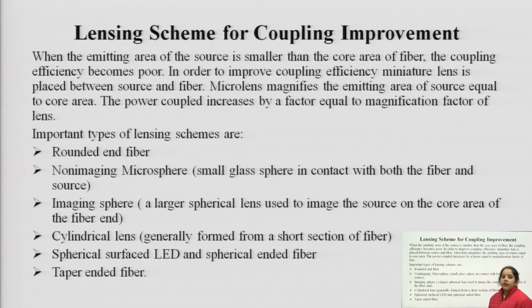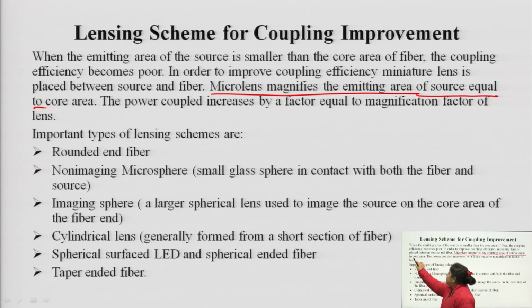Now, as we know, the lensing scheme has to be applied for better coupling improvement, since the emitting area of the source is smaller as compared to the core radius. Due to the lensing scheme, the micro lens magnifies the emitting area of the source to equal the core area. So, what is the advantage of the lensing scheme?